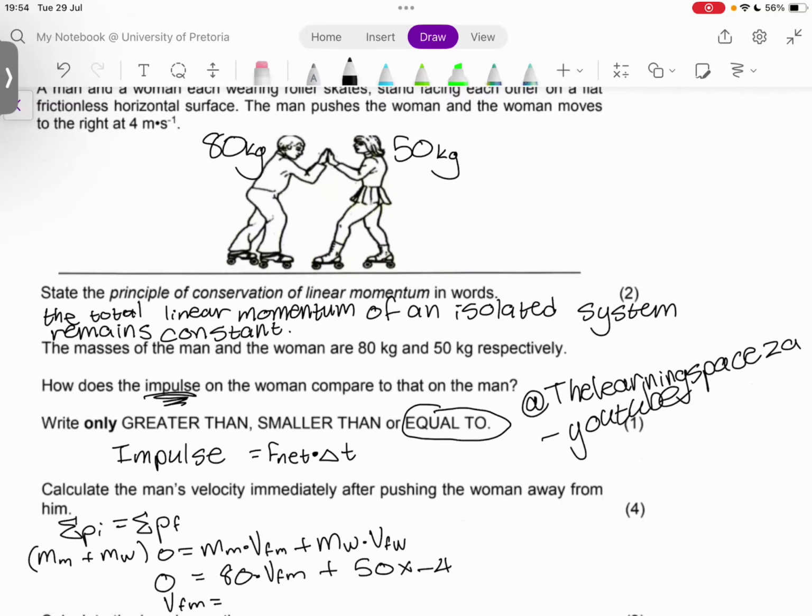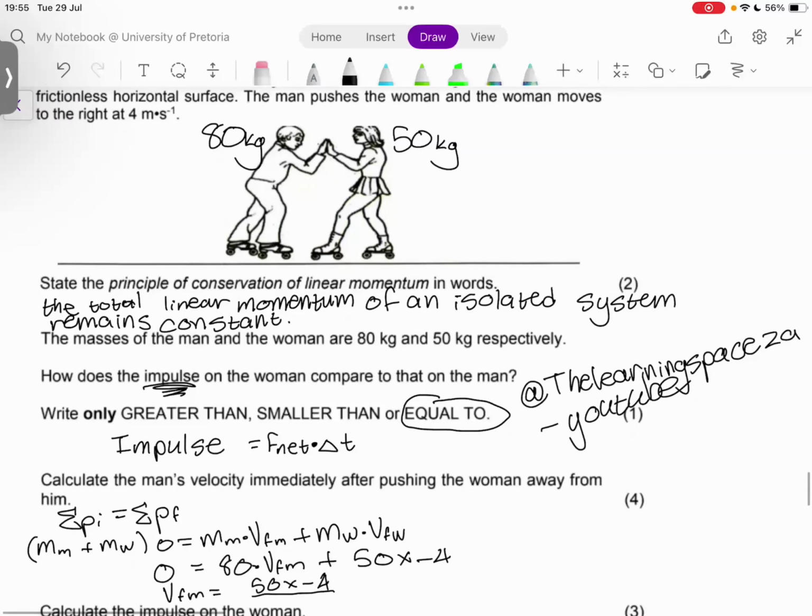If we solve for VFM, we then end up with 50 times -4 divided by, it's going to be 50 times +4 divided by 80, and that gives us a final value of 2.5 meters per second left.